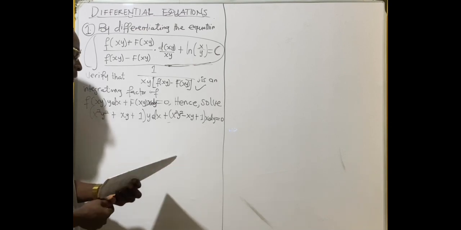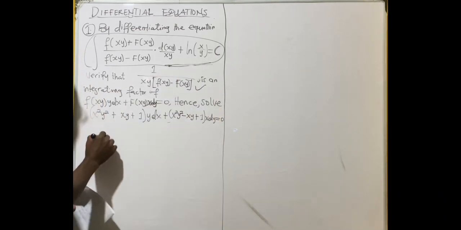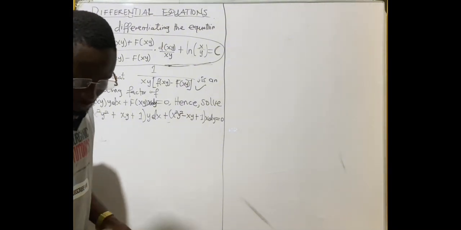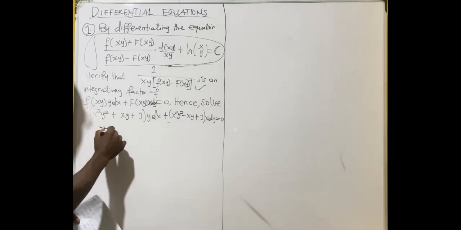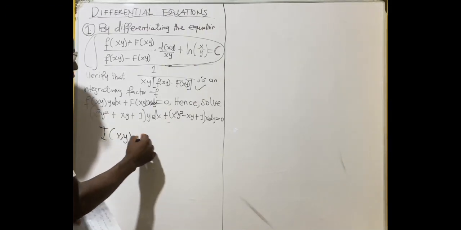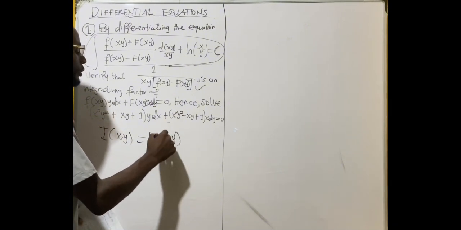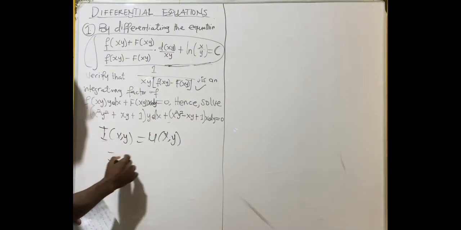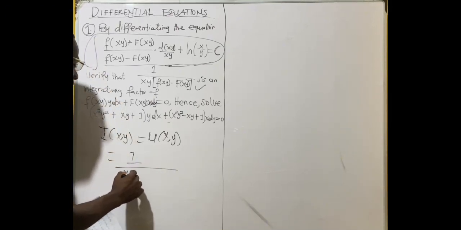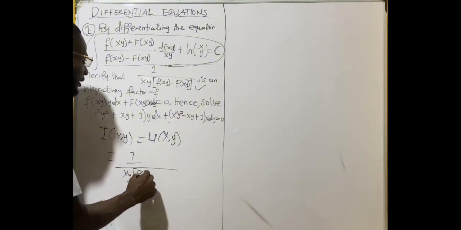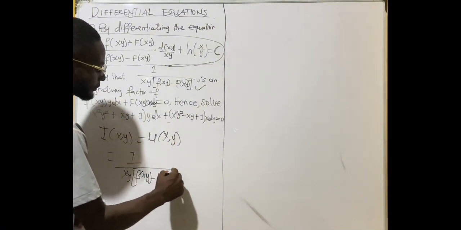Let mu of x and y be equal to the integrating factor, which is 1 over xy multiplied by small f of xy minus big F of xy.